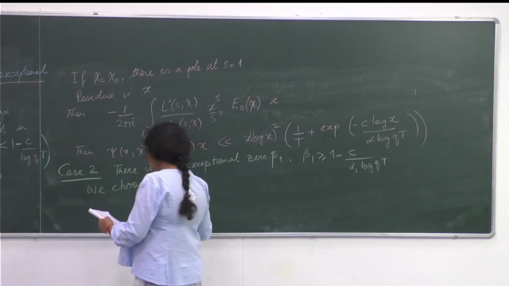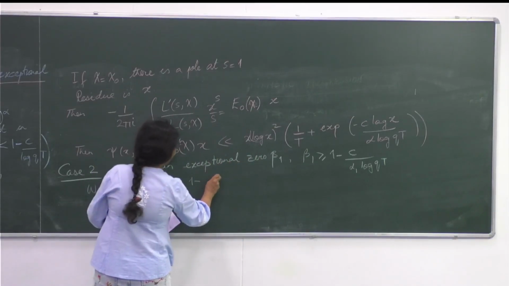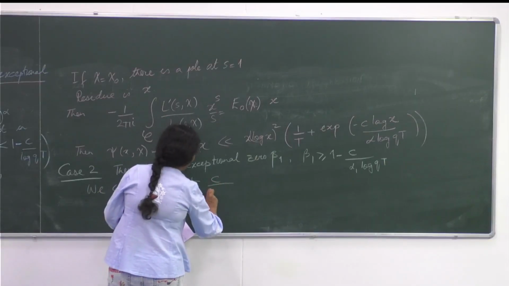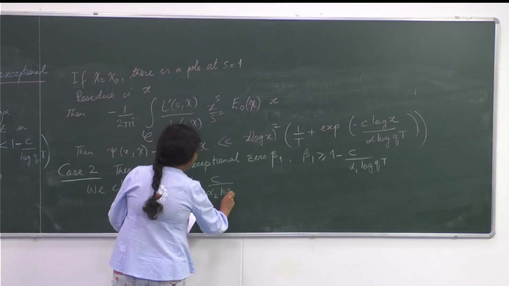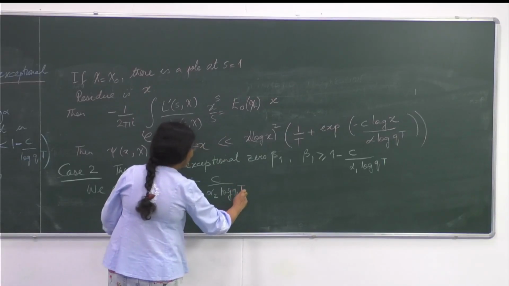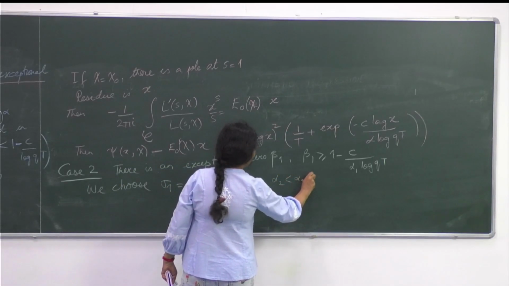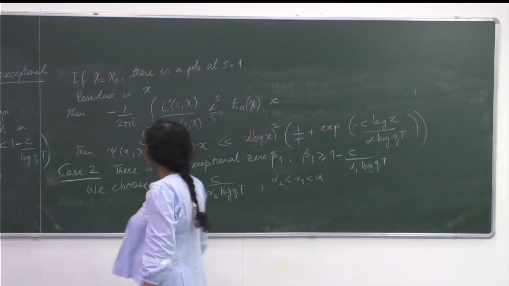So we choose sigma as 1 minus c over alpha 2 log qt, where alpha 2 is less than alpha 1, which is less than alpha.